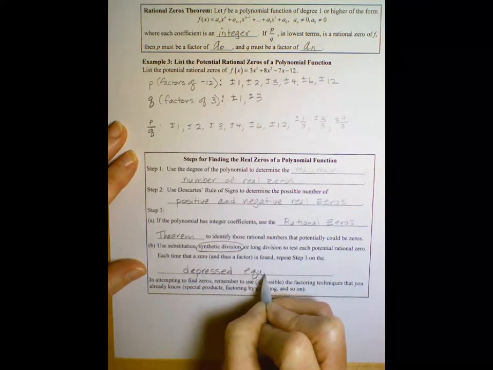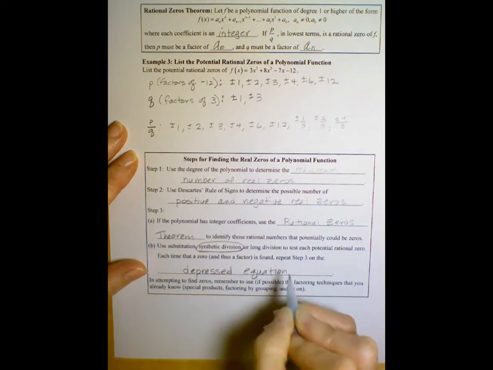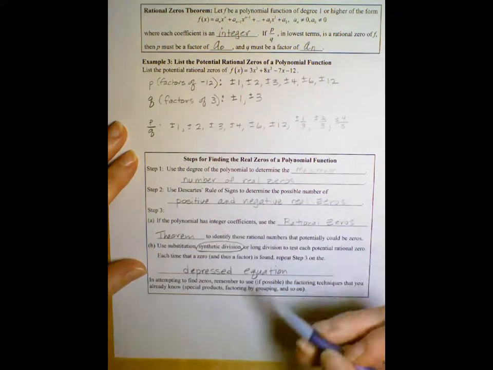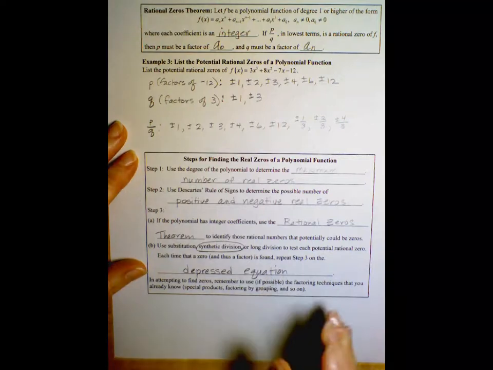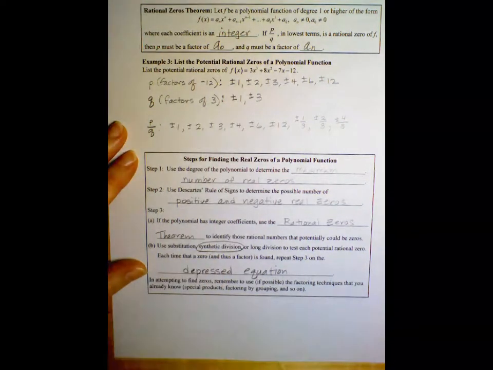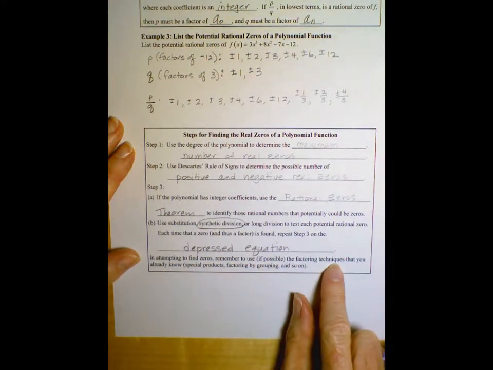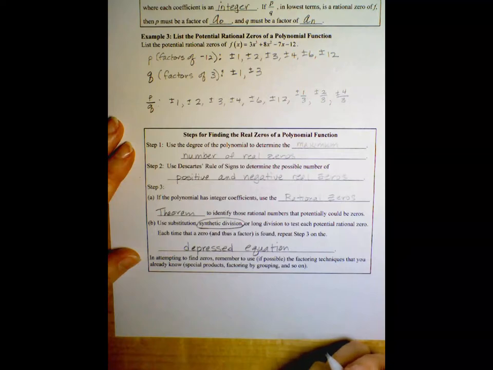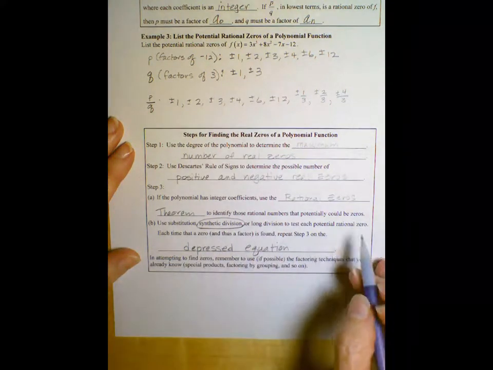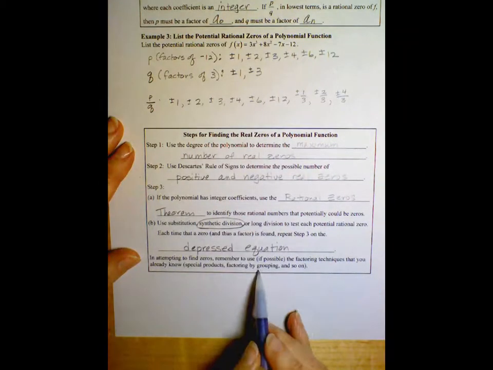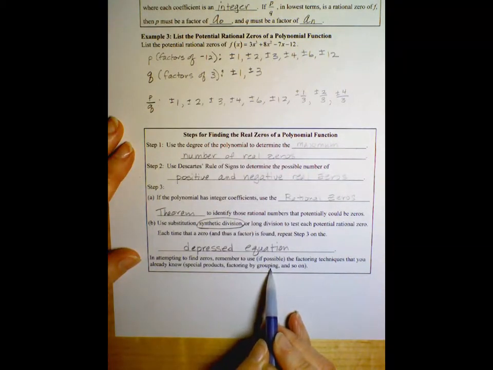So it'll be 1 degree lower, and we'll continue with this synthetic division on this new equation that we have left after we pull out that factor once we find a factor. Now, it says, in attempting to find zeros, remember, if possible, you want to use other factoring techniques if you can. So if we get it down to 4 terms, instead of using synthetic division, we might try factor by grouping to see what those factors are.